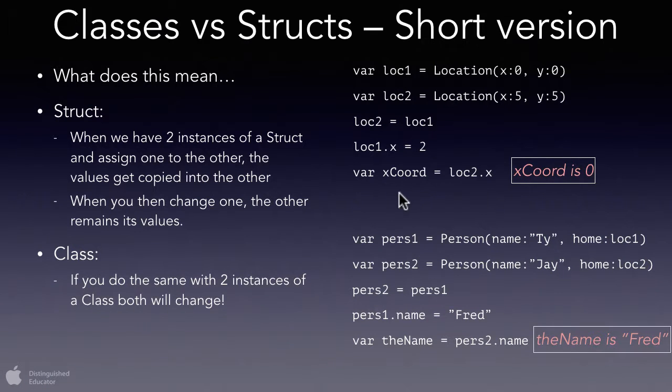So if you do the same thing with two instances of a class, both will change. Here I've defined person 1 and 2, and they have different locations and different names. If I assign person 1 to person 2, what I'm actually saying is not really copy the information, it's more like I'm telling person 2 to actually look at the data that defines person 1.